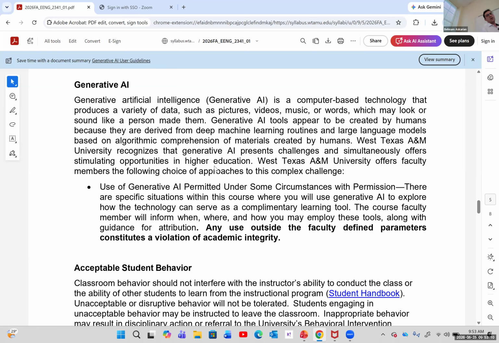But any use of generative AI for solving problems, assignments, homeworks, exams, especially for online students, is prohibited, and it would result in an automatic fail. I have some tools to catch if someone is using generative AI, and if someone is using that on their homework assignments, quizzes, or exams, it's going to be an automatic failure for them.